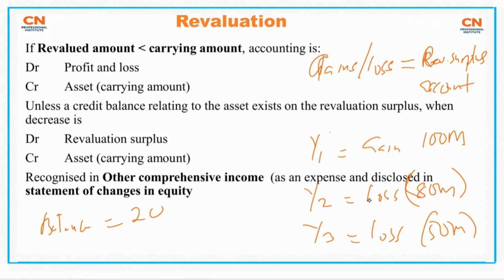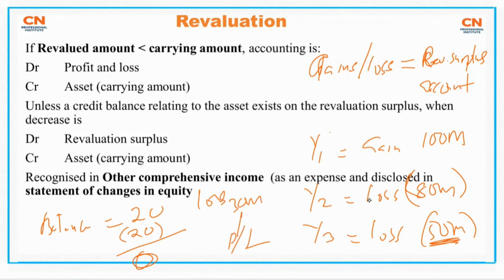So out of this 50 million loss, you can only record 20 million in the revaluation surplus account. Now the account is zero. There's no balance again. Then the remaining 30 million loss, you record it in P&L. That's all.